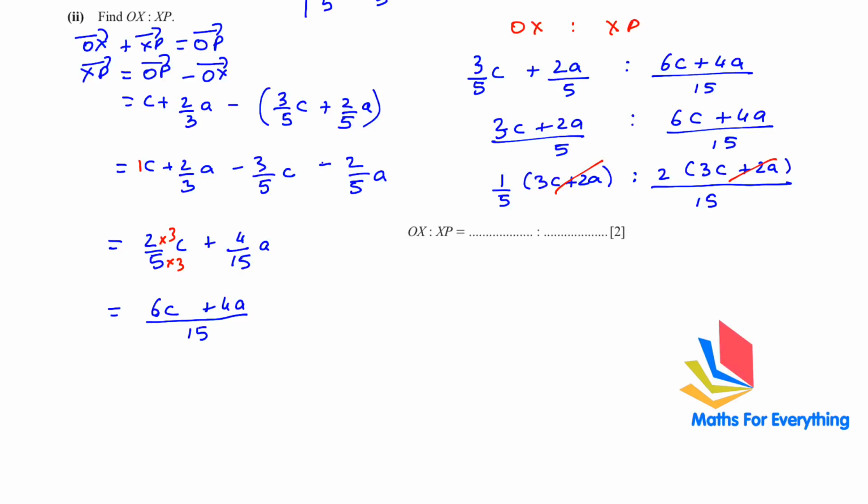How can you make the two fractions same? If I multiply by 3 here and by 3 here, what will you get? 3 over 15 and 2 over 15. The 15 gets cancelled. We are left with 3 is to 2. So this is the answer for OX to XP ratio.